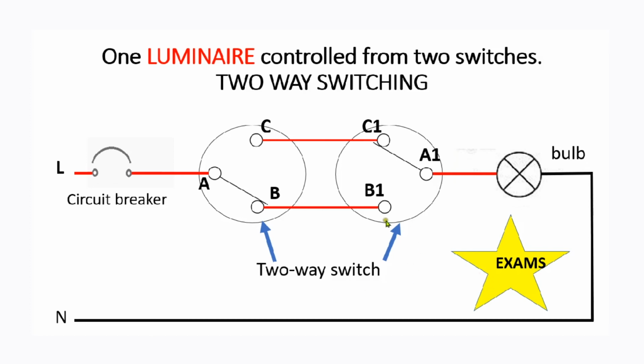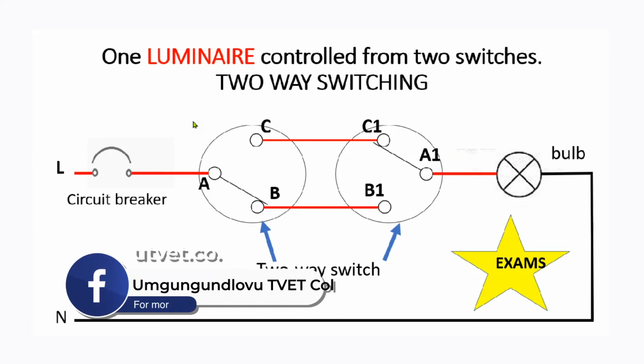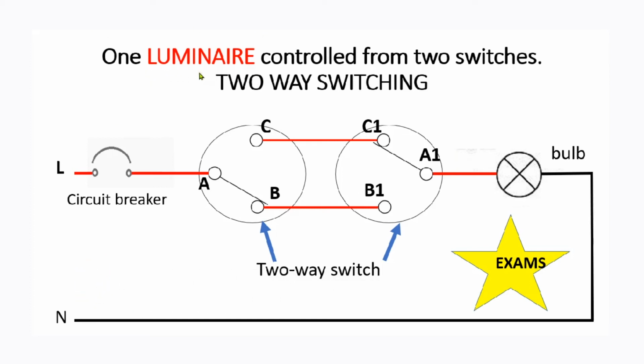Now we're going to come across this drawing which I was telling you about, and you need to know it for your exam purposes. This is what this heading says. It says one luminaire controlled from two switches. Whenever you come across this big English word luminaire, all I want you to do is to think of a bulb.